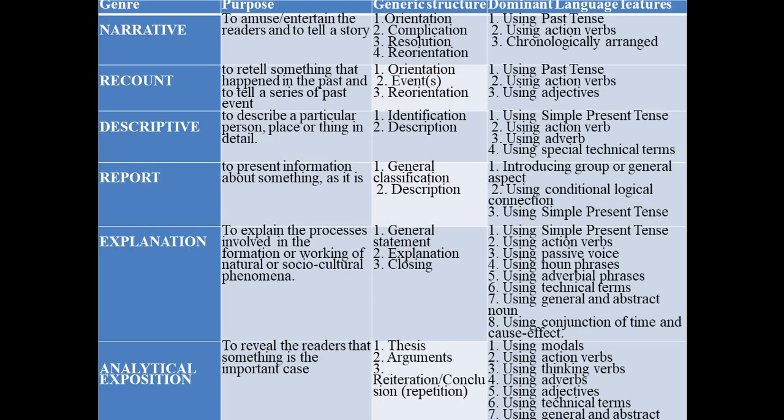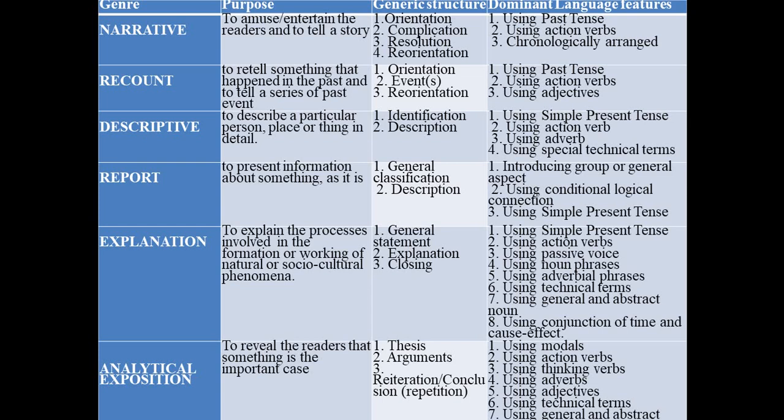The next type of text is explanation, as its name suggests. You can guess the purpose: to explain the processes involved in the formation or working of natural or sociocultural phenomena. In the generic structure of explanation text, it has general statement, explanation, and closing.